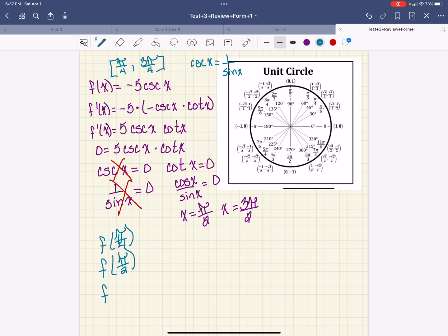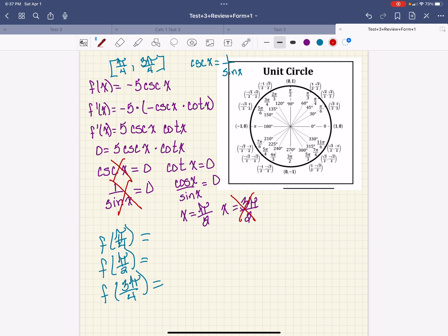And then f of 3 pi over 4 because that is an endpoint. We have to do our endpoints for our interval because we're looking for our absolute extrema.